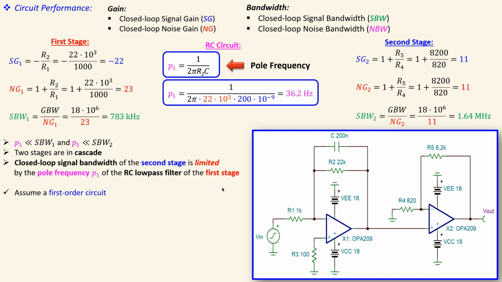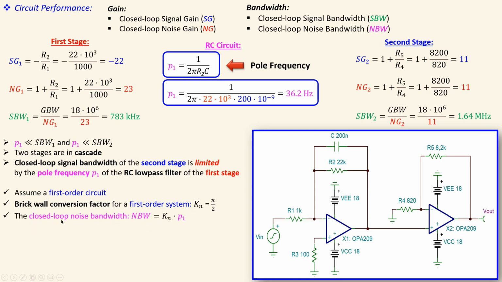Now, looking from the noise perspective, we need to of course have a brick wall conversion factor going from the signal bandwidth to the noise bandwidth, and that factor for the first-order system is pi over 2. So the noise bandwidth will be then Kn, the conversion factor, times the pole frequency P1.